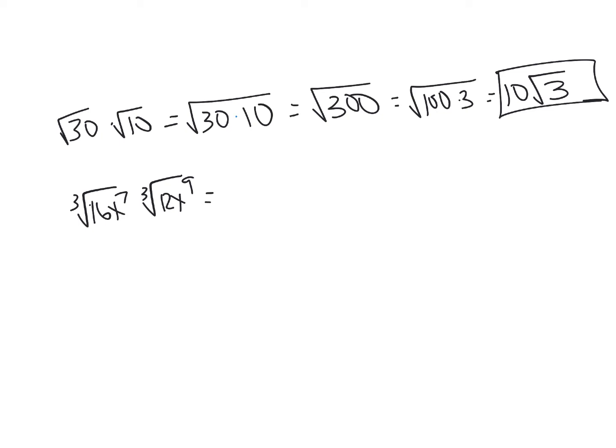So I'm going to try to simplify individually. So first off, I can say that 16 I can rewrite as 8 times 2. And anytime you have an exponent that is larger than the outside, I can make it smaller. So x to the 7th is bigger than 3. So let's rewrite this as x to the 6th times x.